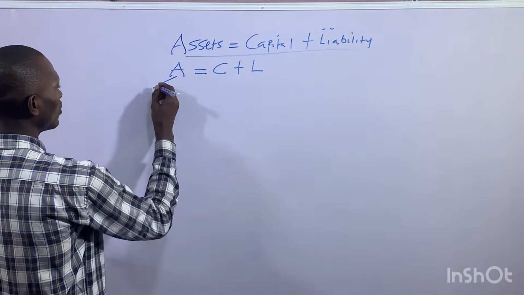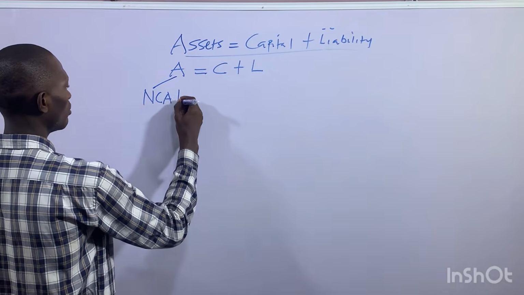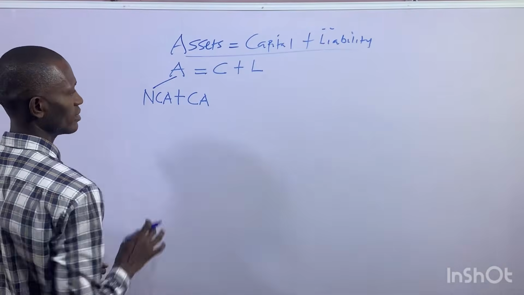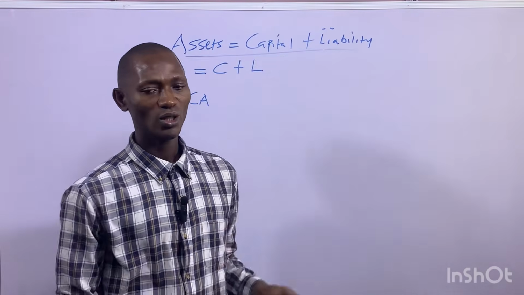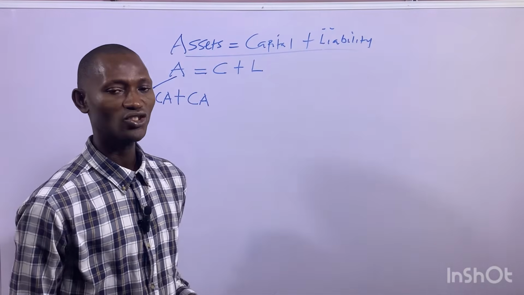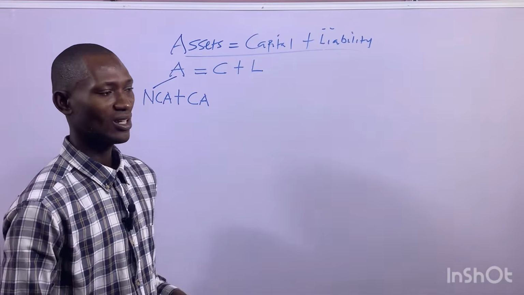So assets now is classified into non-current assets plus current assets. We have other classifications of assets: tangible, intangible, fictitious assets, liquid assets, wasting assets and so on.